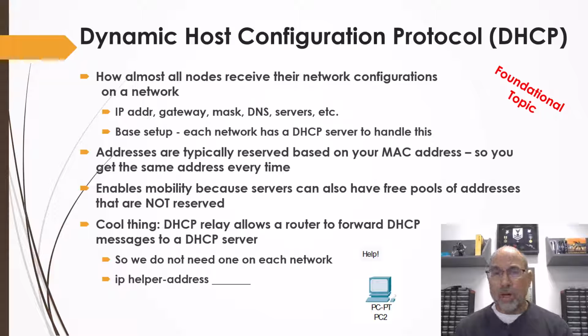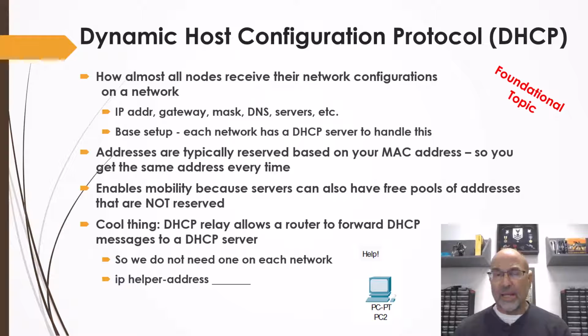Now, an important part of this chapter is the idea of DHCP relay. Normally, because of the addressing that we're dealing with, a DHCP server has to reside on the network for the hosts that are making their requests. But if we configure a router to serve as a relay agent, then we can have DHCP servers outside of your network.